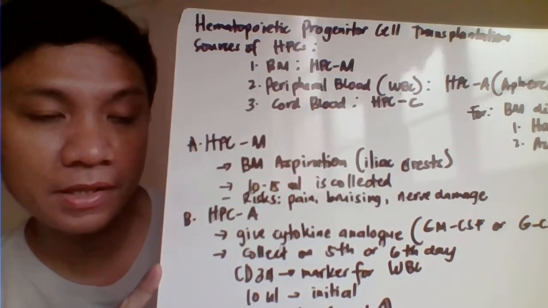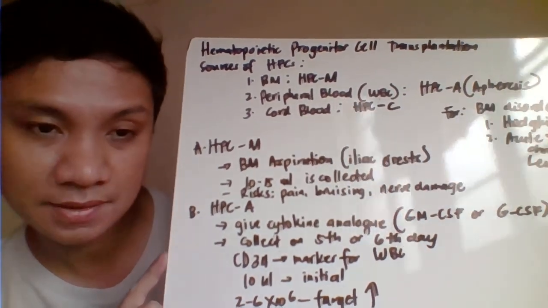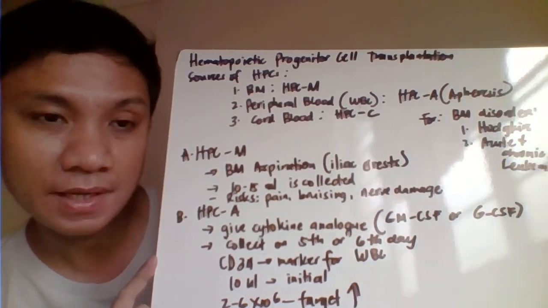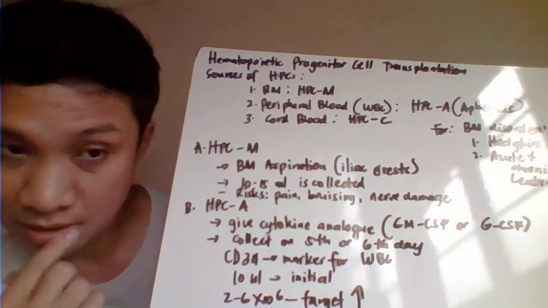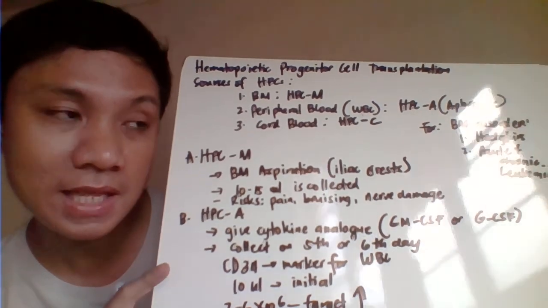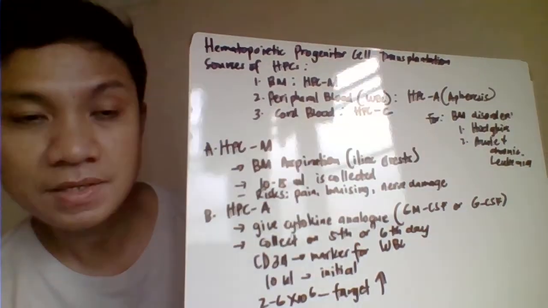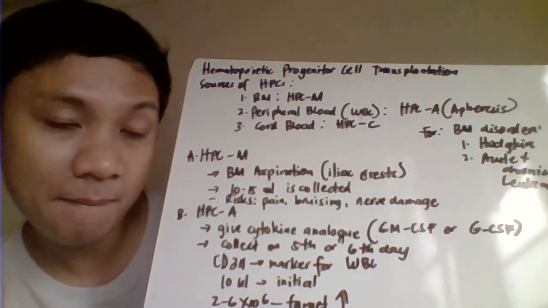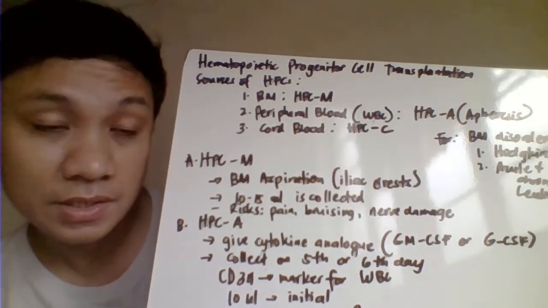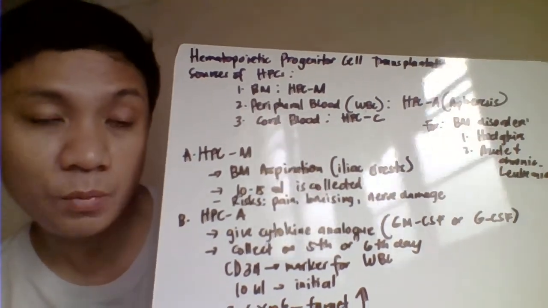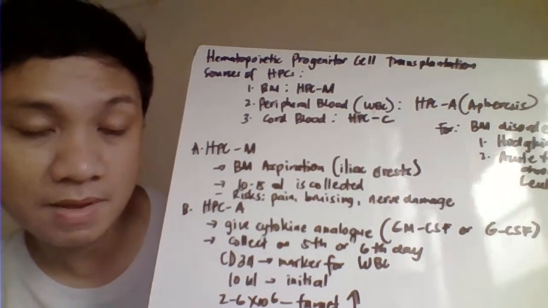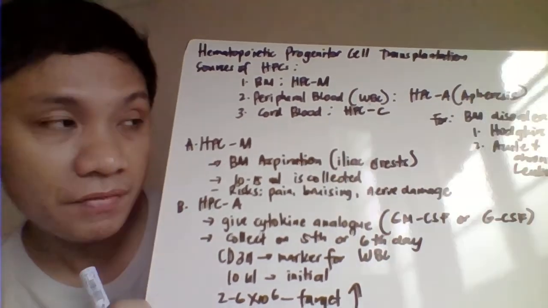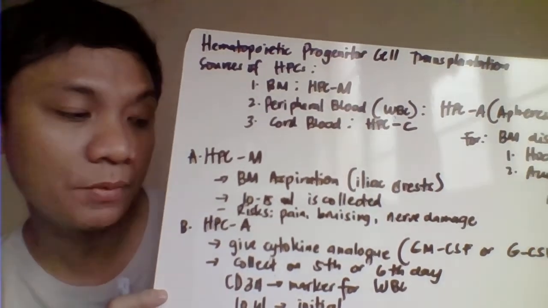Okay, then we have the hematopoietic progenitor cells. Hematopoietic progenitor cell or stem cell transplantation may be needed for patients having bone marrow problems, including Hodgkin lymphoma, or for patients with acute or chronic leukemia. We have different sources of hematopoietic progenitor cells.